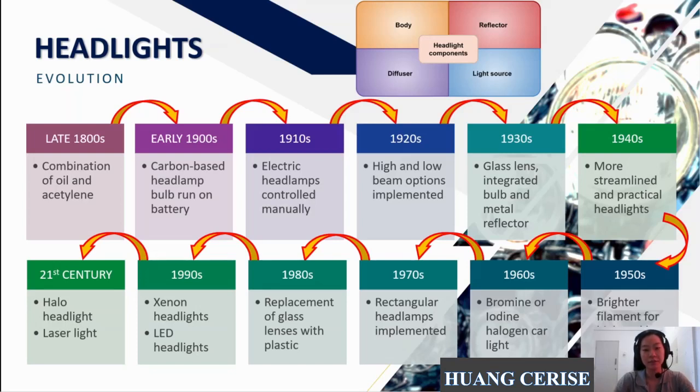In 1970, rectangular headlamps were implemented. 1980s, replacement of glass lenses with plastic. 1990s, xenon and LED headlights were produced, and now in the 21st century we use halo light headlight and laser light. The headlight components consist of body, reflector, diffuser, and light source.